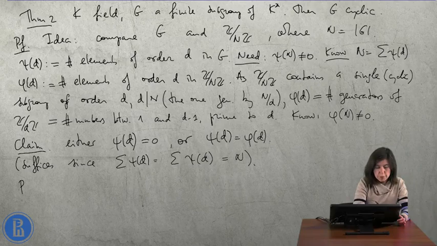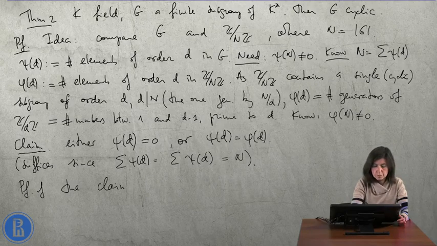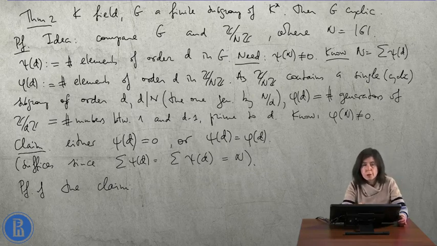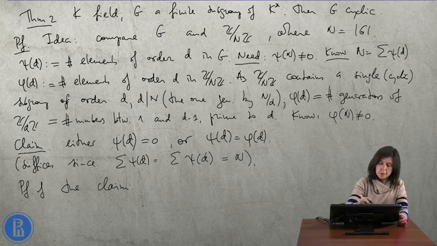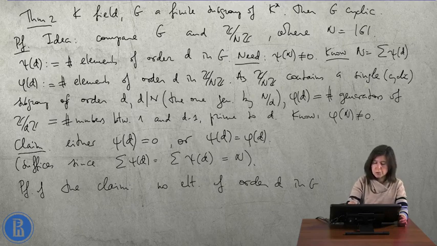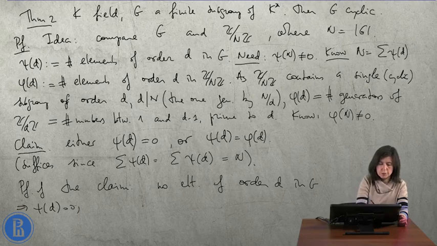So, proof of the claim. If there is no element of order d in G, then of course psi of d is 0.